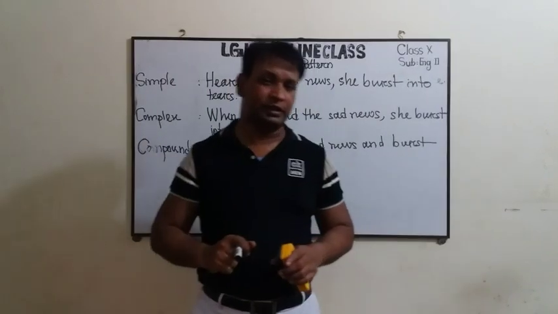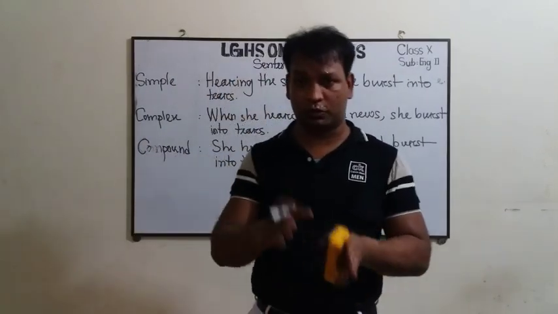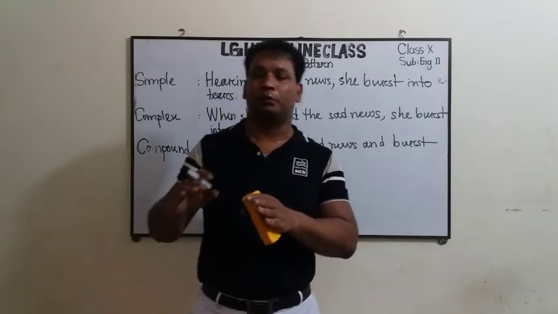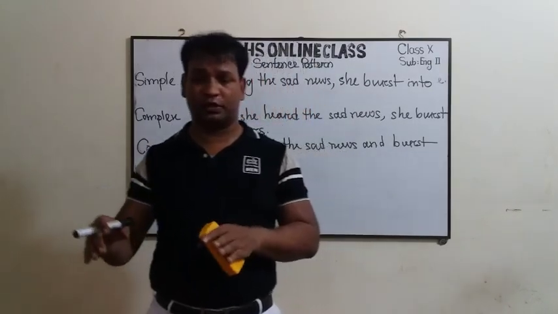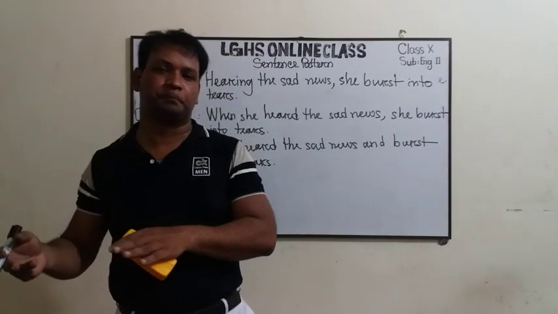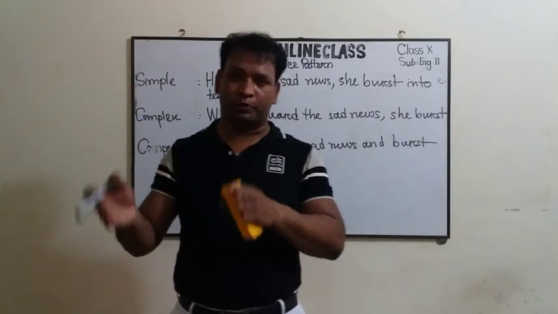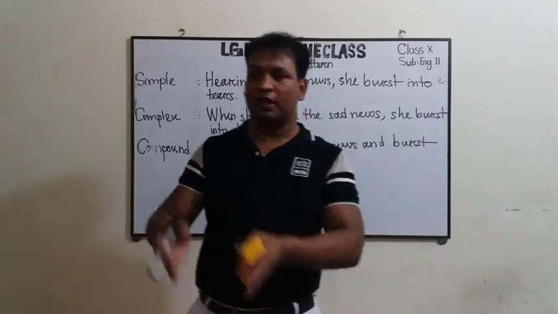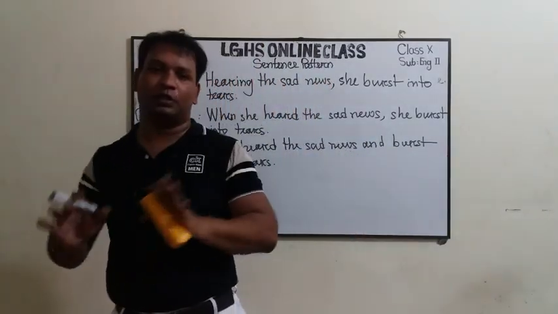Dear students, you can use before or after clause in place of when clause. But be careful about the use of the tense because before is preceded by and after is followed by past perfect tense.